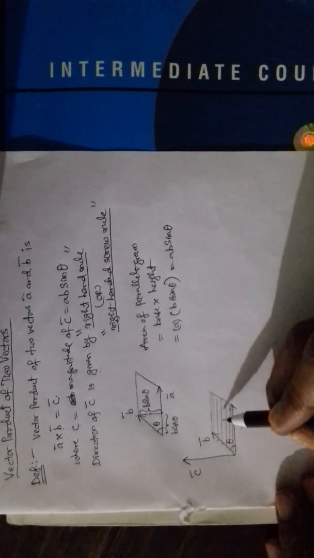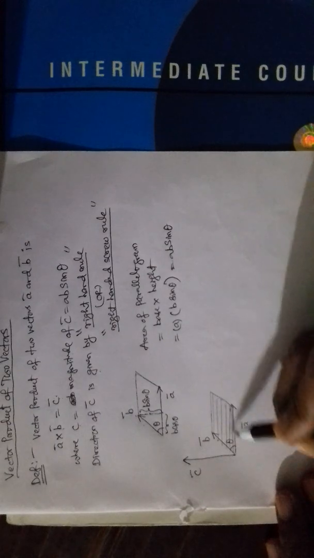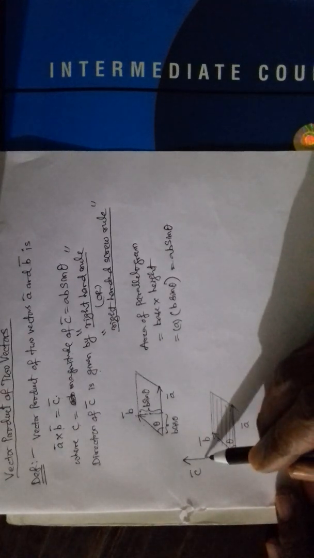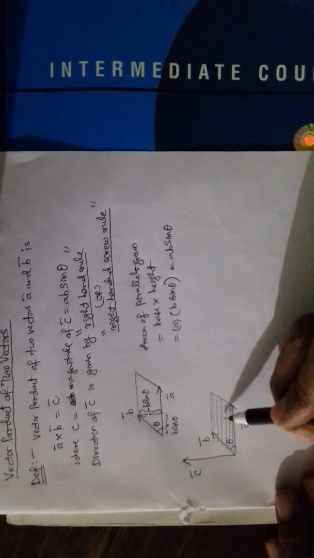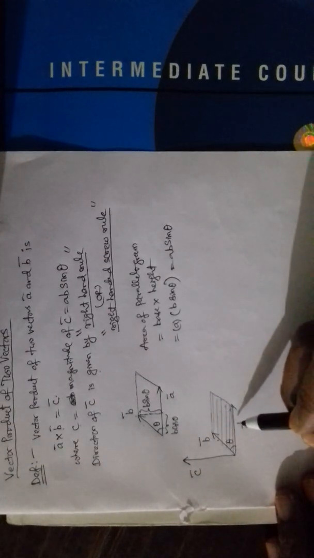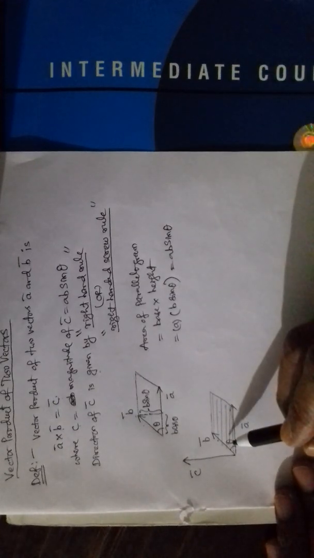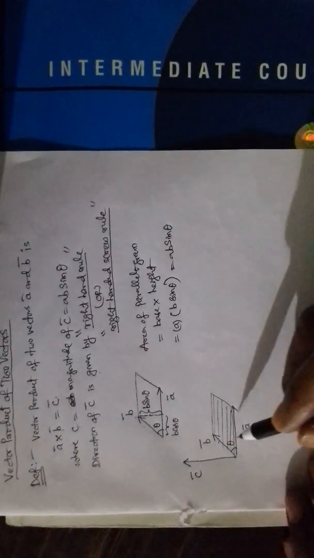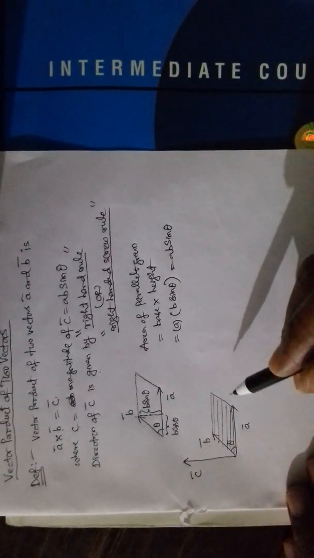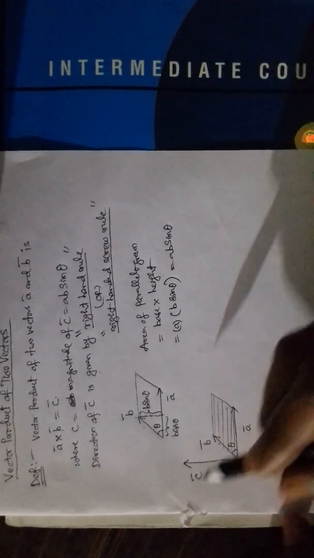But normal to this plane, you can draw a vector either this side or this side. This side vector also becomes normal to this. But which one is correct? That is decided by the right hand rule. Right hand rule means, see, like this. From A to B, fingers curling, thumb represents C.